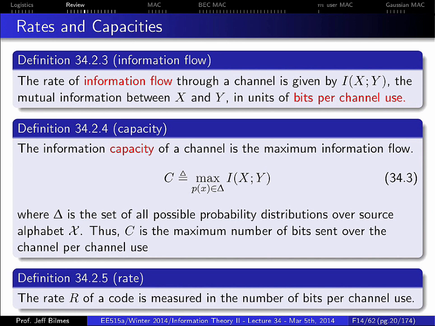And then we defined this information capacity, which is this optimization problem, and we found out that this was the limit. This was the critical point at which all rates below this capacity were achievable, meaning that as the block length gets big, the probability of error goes to zero. And if you're above the capacity, it's not achievable.